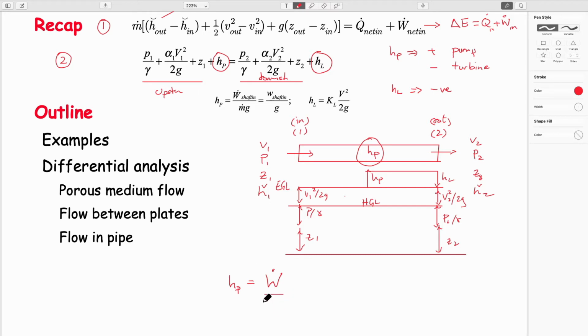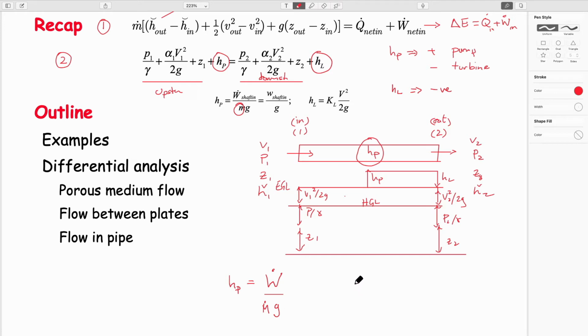Power is equal to the mass flow rate, lowercase m in this case, multiplied by gravitational acceleration and the head. So this is in watts, this is in kilograms per second, and this is meters per second squared. And this is in length, obviously, since we're adding apples to apples.